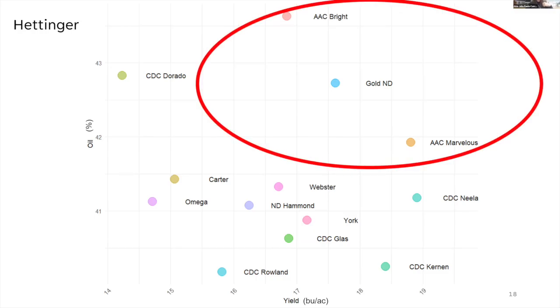Even though ND Gold and AAC Marvelous were also in our top ranking at the best place, we have a new one that is also scoring really well, that is AAC Bright. So different sites will have different genotypes, different varieties that are the best fit.